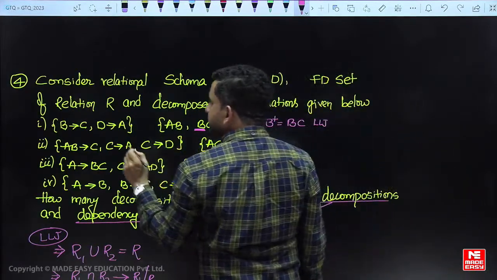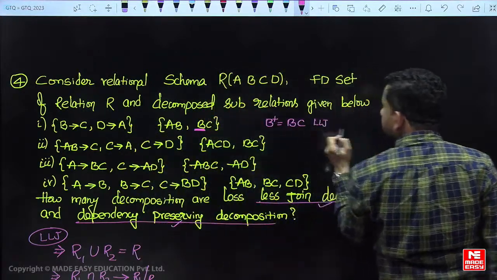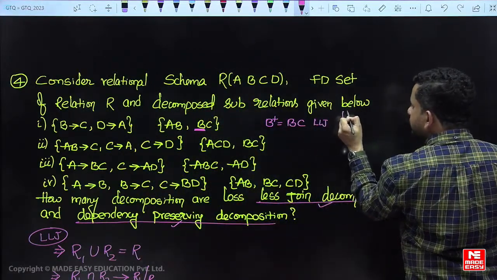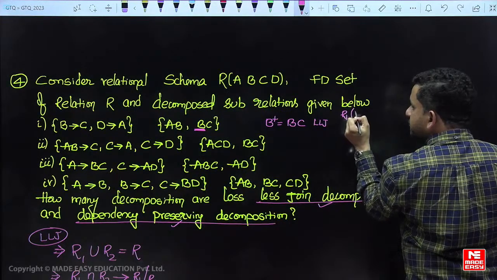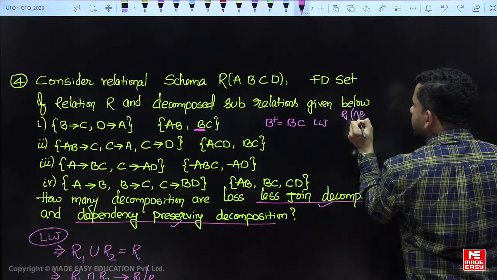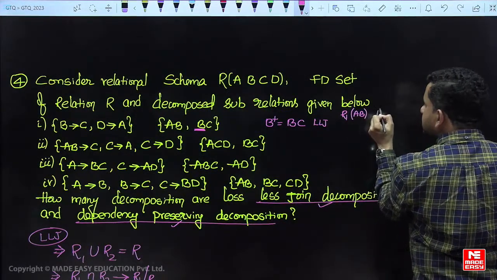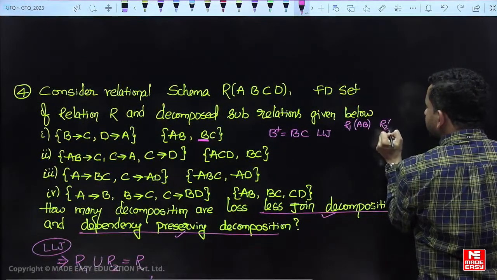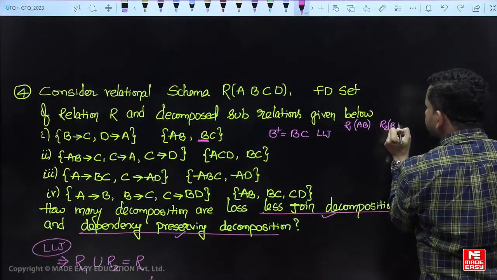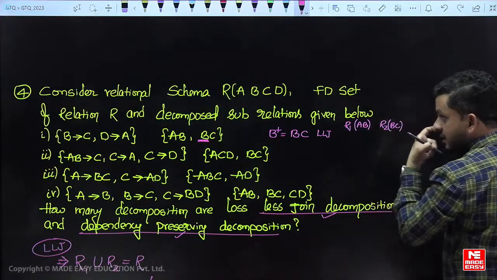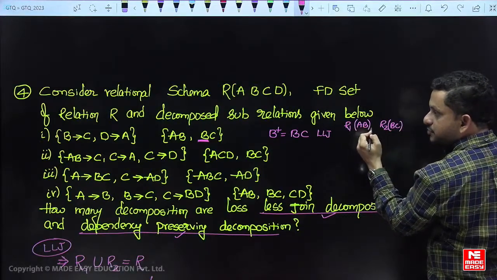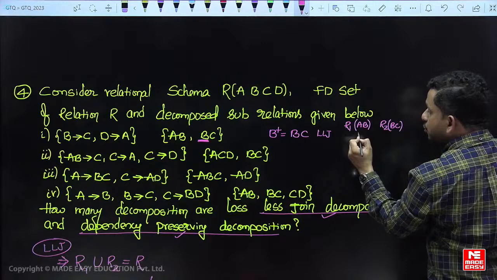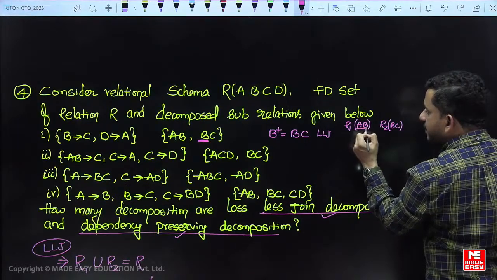And is it dependency preserving or not? For the first subrelation, AB is one subrelation and the second subrelation is BC. If you take the FDs of the subrelations, A closure does not determine B, and B closure does not determine A, so there are no non-trivial FDs for the first subrelation.